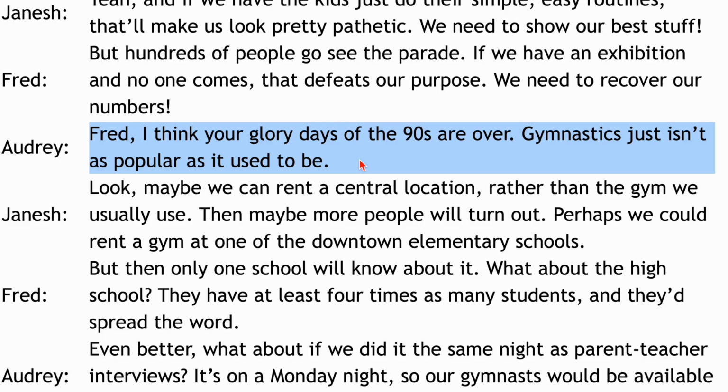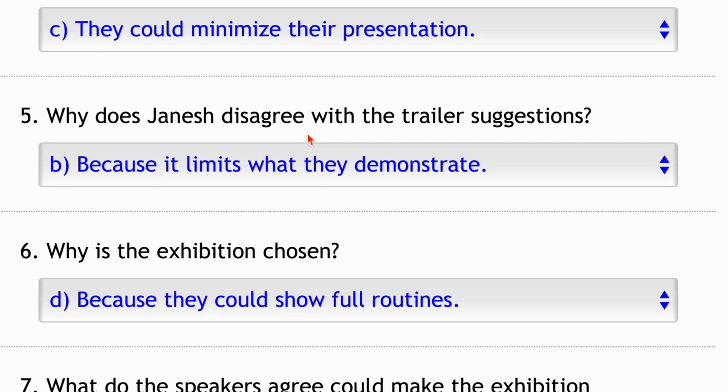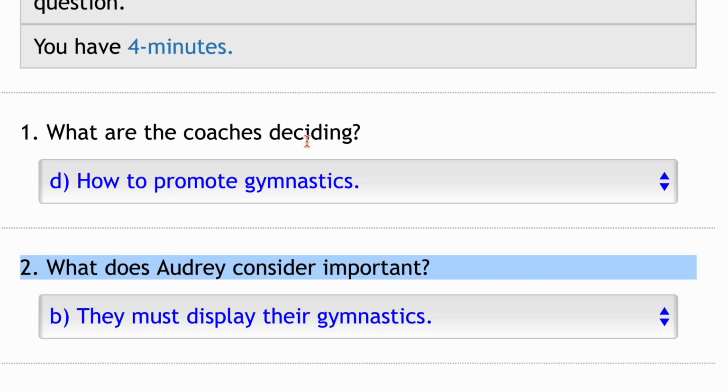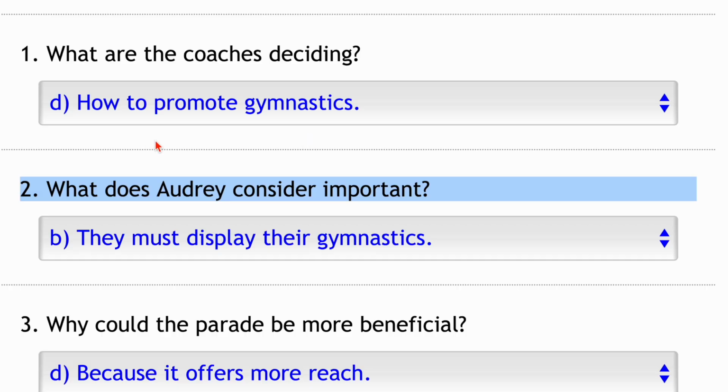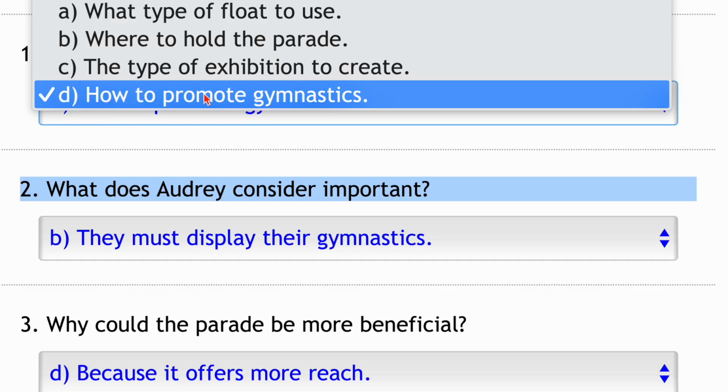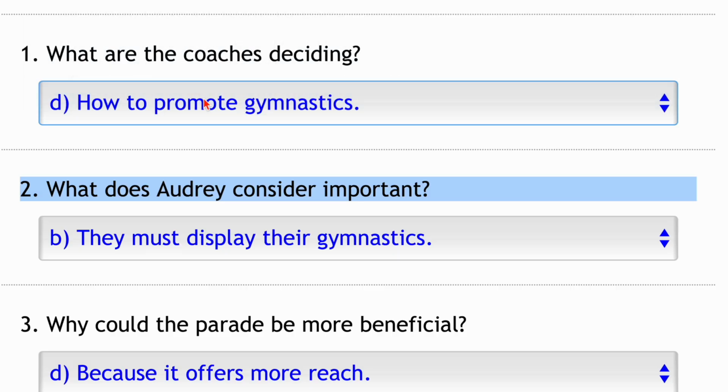So in the 90s, glory days, it was great. But now gymnastics is not what it used to be, not as popular as before. Okay. And then for number 1, yes, they're trying to promote gymnastics. How can they make it popular again? D, okay.